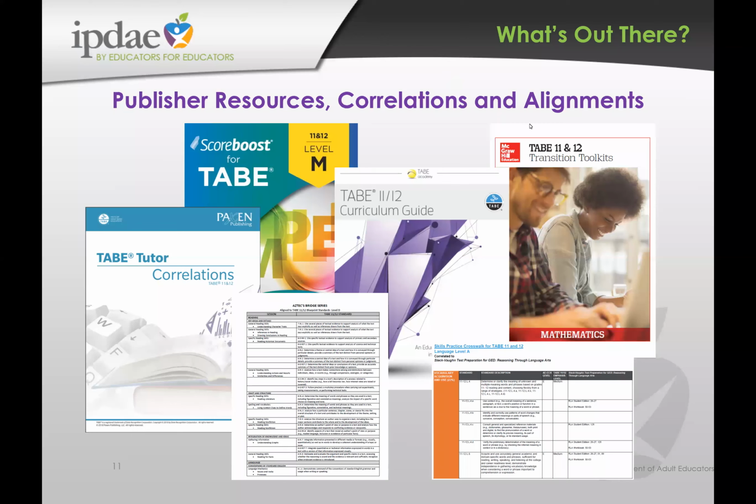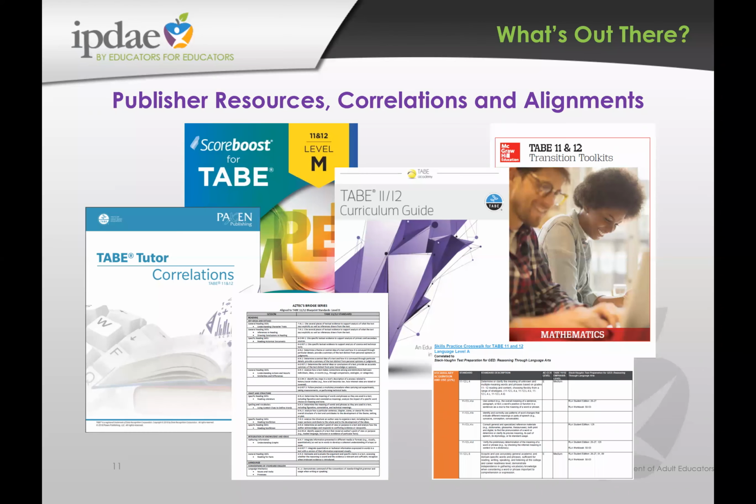There's a question about where we might get copies of the curriculum, the current matrix. Okay, that's a really good question. The original core document, which is the ABE Mathematics Curriculum Matrix, is housed on the IPDE website under ABE webinars.